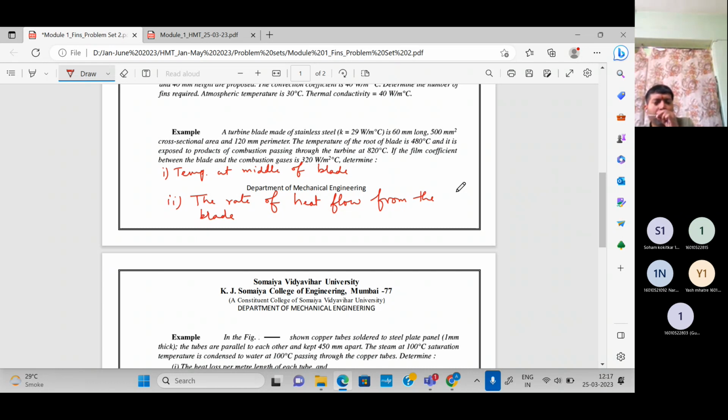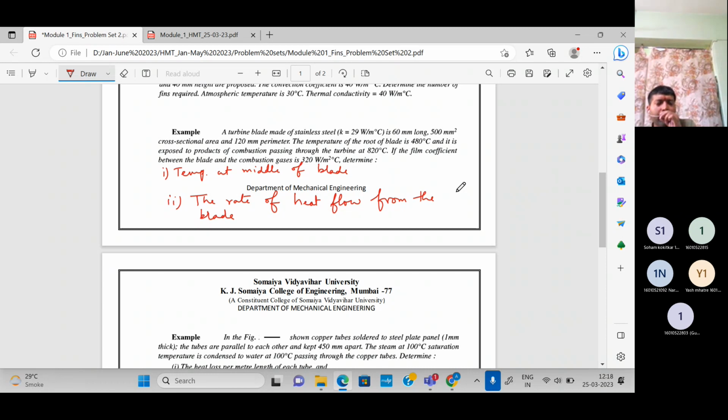I have already told you, in the problems on fins, the case will be clearly given in the problem itself. So you have to take that particular case and solve the problem. Then you will get full marks. But if the case is not given in the problem, then you have to read the problem carefully and assume the valid case.